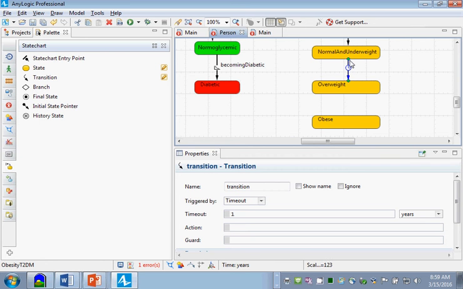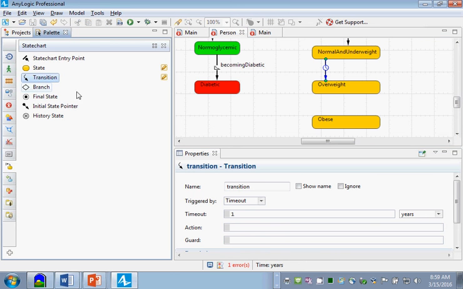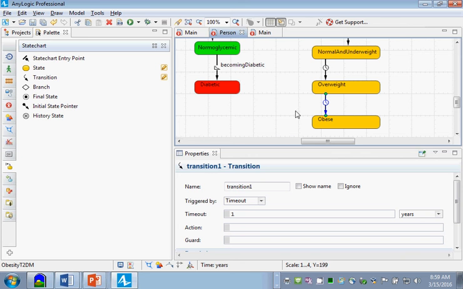So normal and underweight, and we're going to have weight change. I'm going to use my little arrow keys to sort of move these around. Maybe I'll put all the growing weights on the left, and we're going to have from overweight to obese, okay? Now, it's a good practice to name your transitions.